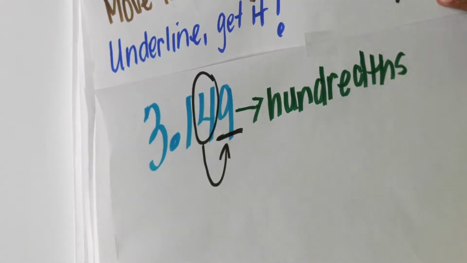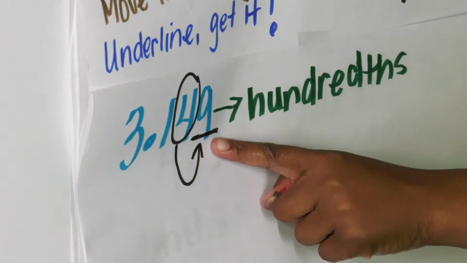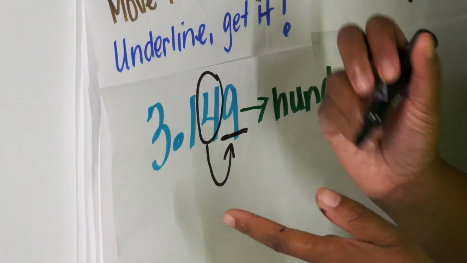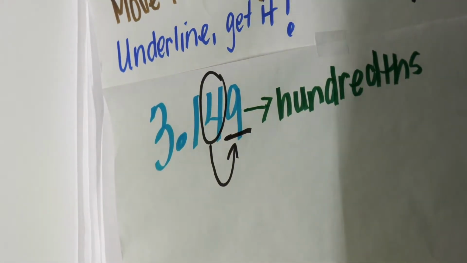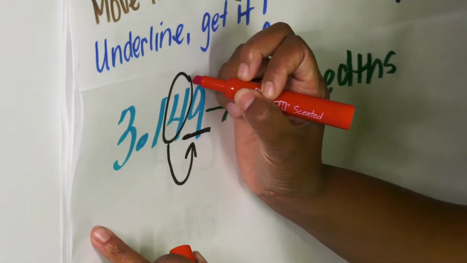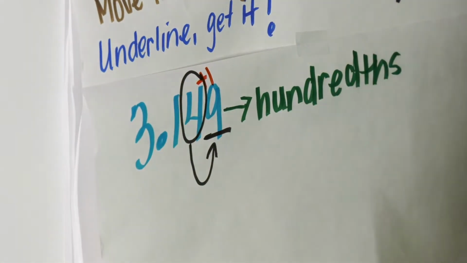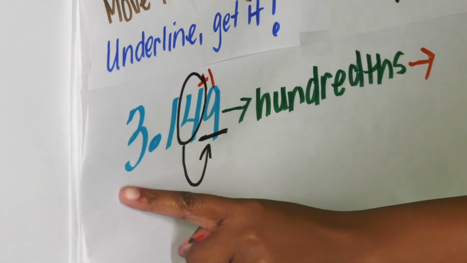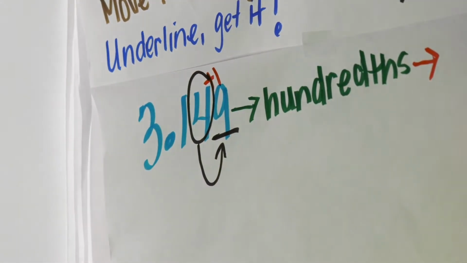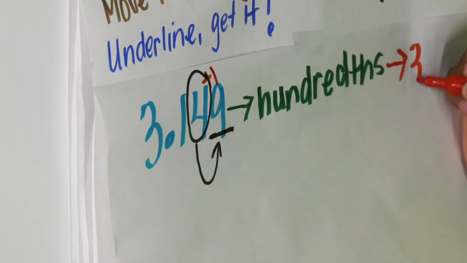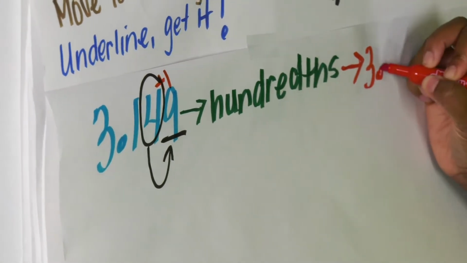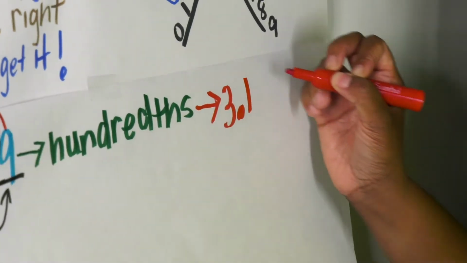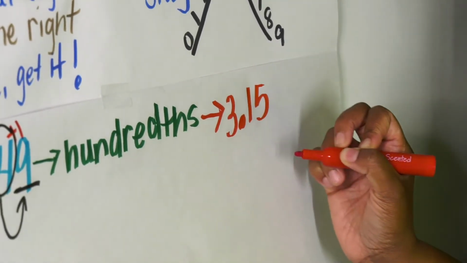What does a 9 tell you to do to the 4? The 9 is on the right side, so we're going to add 1 to our 4, plus 1. And then any number in front of our circled value stays the same: 3, and our 1 stays the same. Our 4 plus 1 is 5.